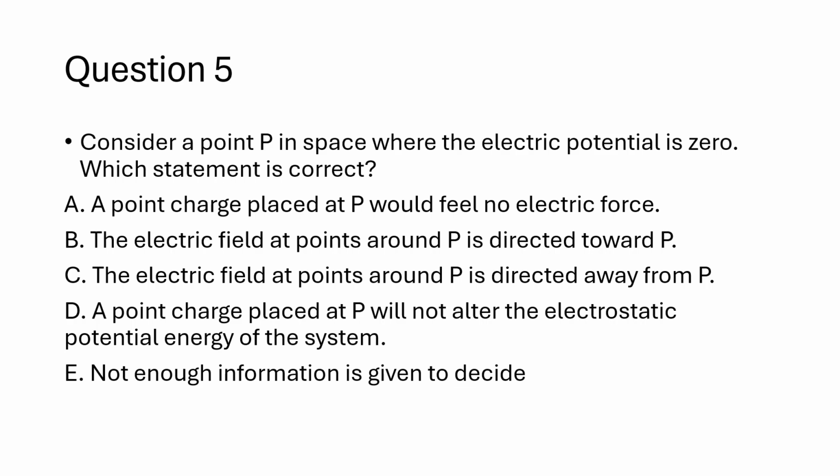So we are saying that the electric potential V equals 0. Now, they are saying which of these is correct. The first one is saying there will be no force at P. Can we really say that? No, we can't just conclude that because the electric potential at that point is 0, there will be no electric force at that point.